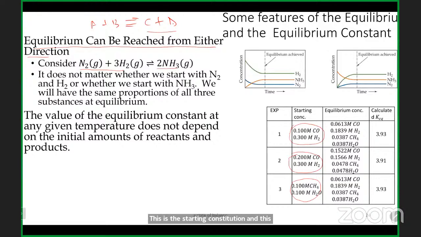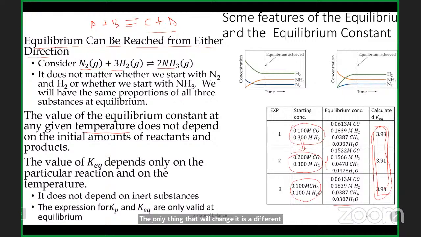At equilibrium, this varies a little, but the equilibrium constant remains the same. You see, this one and this one are almost the same thing. I need to verify that. But anyway, the important thing is that regardless of your starting conditions, the equilibrium constant remains constant. The only thing that will change it is a different temperature.